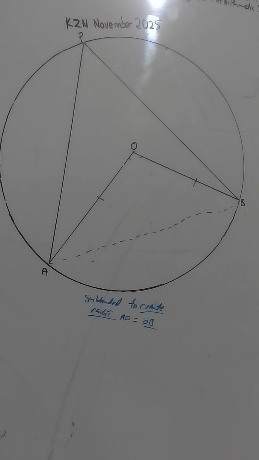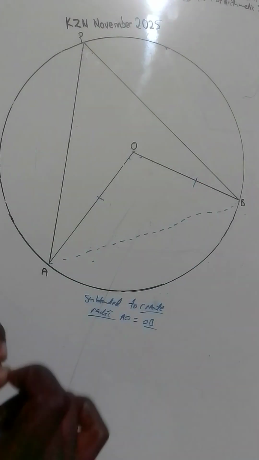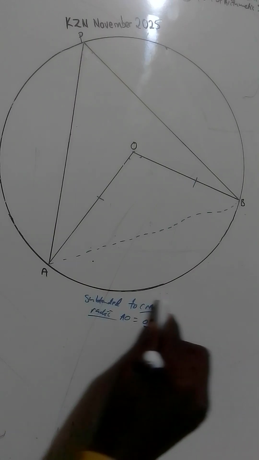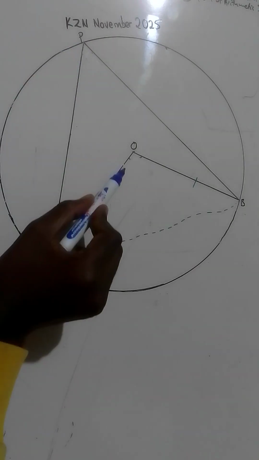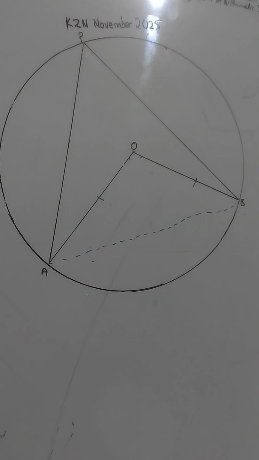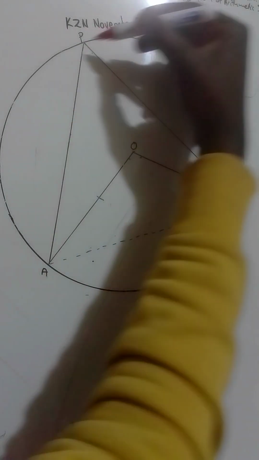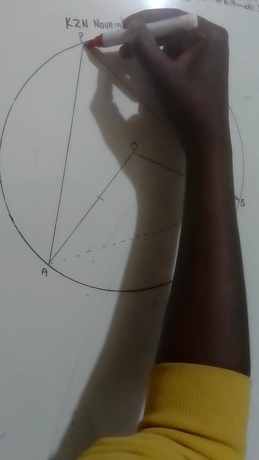Now, what are we going to do? We're not going to be using these two lines to prove what we're dealing with. The first thing I'm going to tell the examiner is that I'm now going to construct line PO. I'm going to join line P to O here.